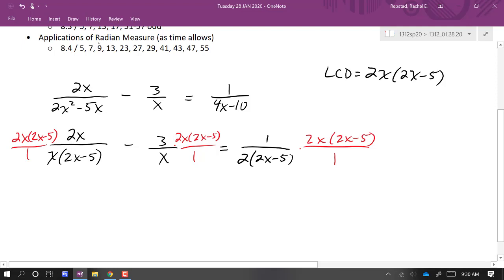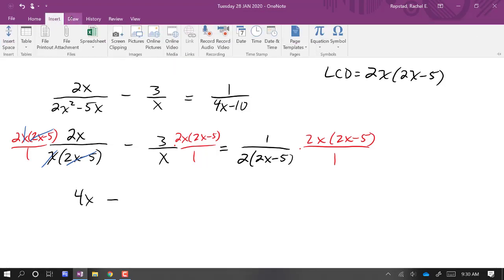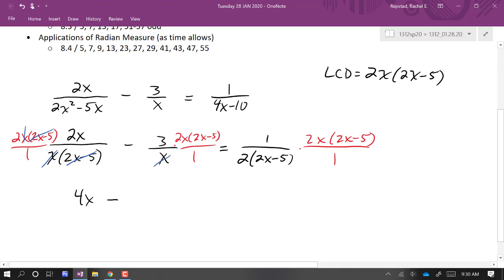Then we whip into a frenzy of canceling. So what's left with the first term? 4x. Here in the middle the x cancels, but we're left with everything else.